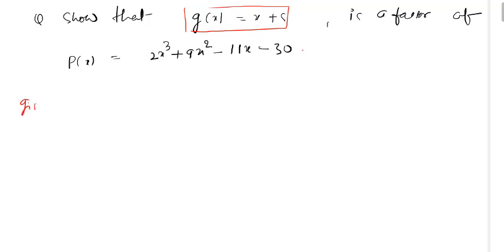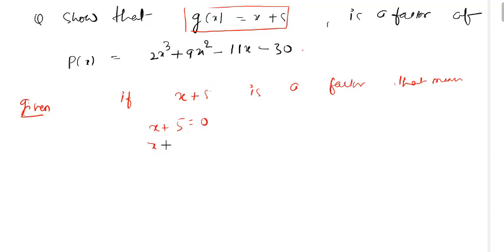Okay, given p of x equal to this much, if x plus 5 is a factor, that means x plus 5 equal to 0 and x equal to minus 5. You got it?